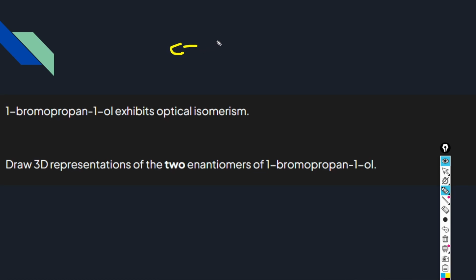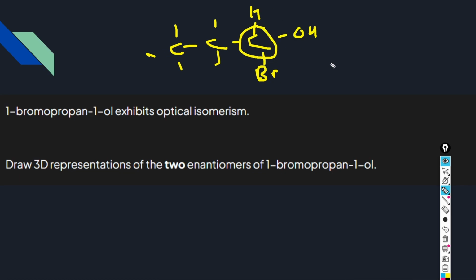So we would have CCC, since it's propane, and it's on the first one, so we'll just take it over here. And looking at that, the bromine is also on the same one. So there'd be hydrogen over here, and there'd be hydrogen. So based on this, we can already clearly see which will be the chiral carbon. This is a chiral carbon, so there are 4 different bonds.